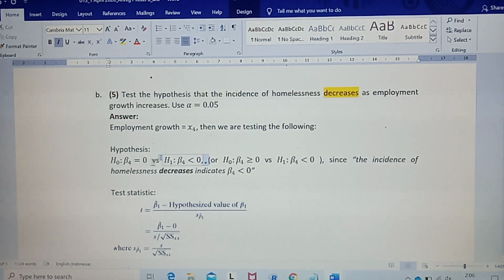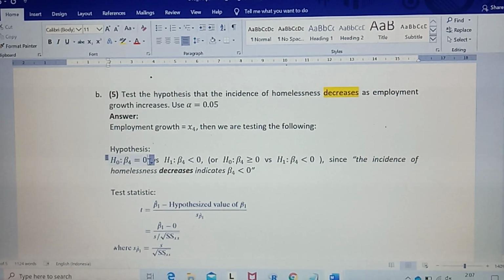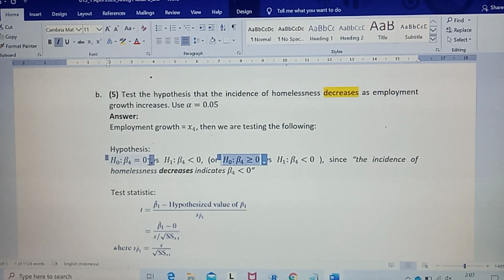So we can write our null hypothesis either as beta 4 equals 0 versus the alternative beta 4 less than 0, or like the second one here. Actually they are just the same, because basically we can only test the value where beta 4 equals 0.